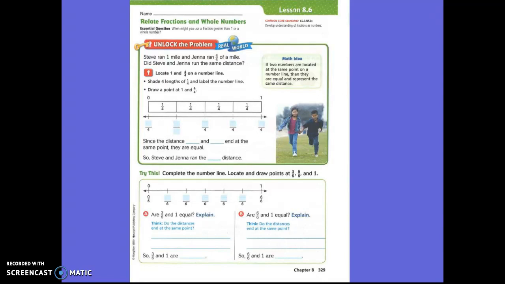Write that in. What's the next number? 1. Yes, 1/4, because the 4 is not there for you; you had to write it in. What's the next one? 2. And the next one? 3. And the next one? 4.